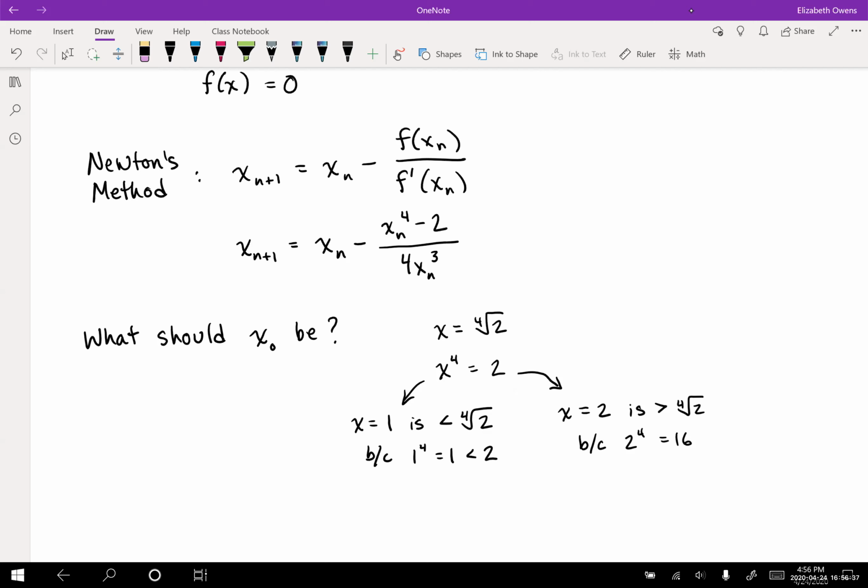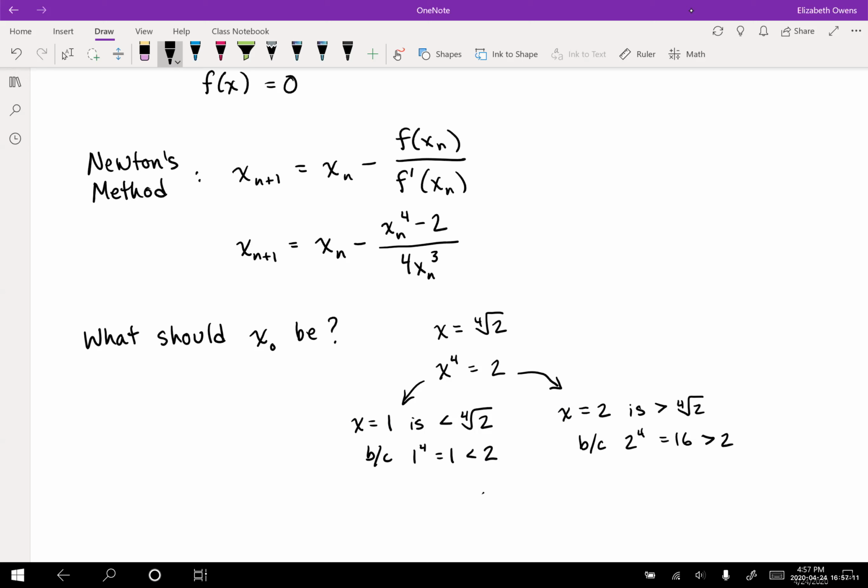So it looks like from this, the fourth root of 2 is going to be somewhere between 1 and 2. And really, if you think about it, it's going to be quite a bit closer to x equals 1, because 1 to the fourth, 1, is a lot closer to 2 than 16 is. Okay, so 16 is significantly greater than 2. 1 is a little bit less than 2.